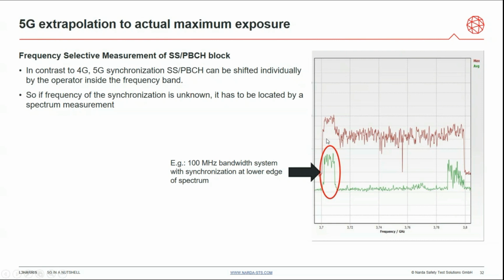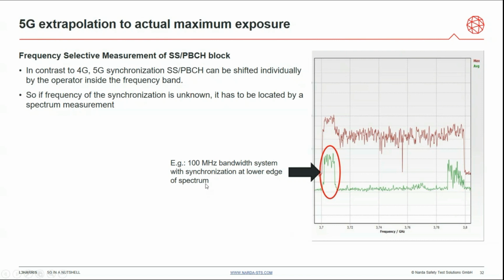So first of all, you need to check, for example, with max hold during a period of low traffic, or when the 5G station is still in trial mode. Then you see that this block is now at the left border of the frequency spectrum of the 5G signal.